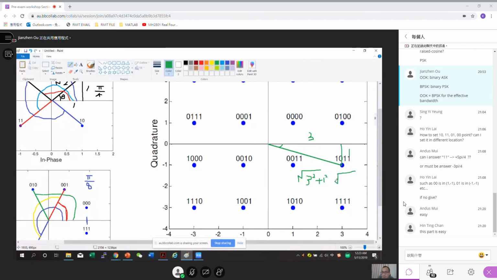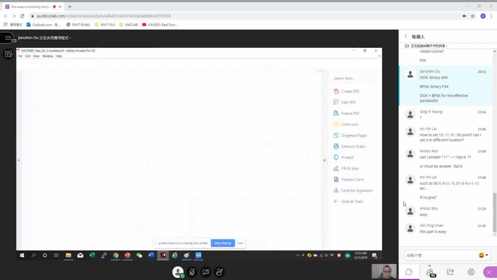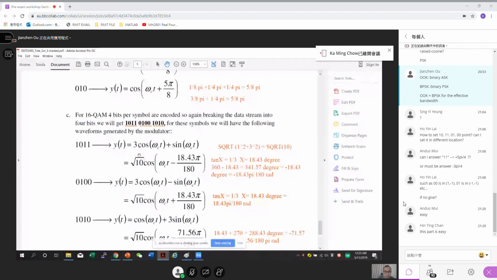Sorry, it's 10. So you can see the magnitude here is square root 10.